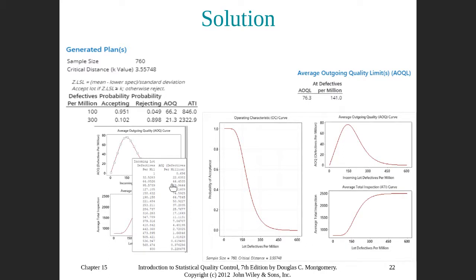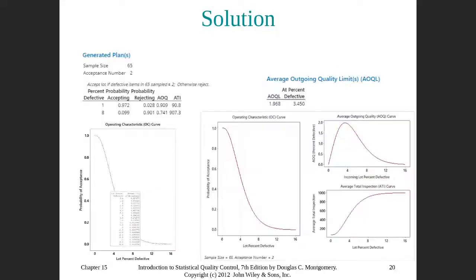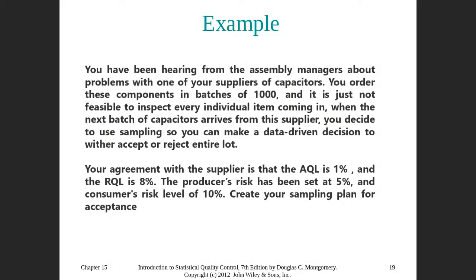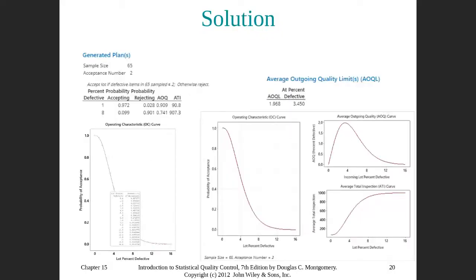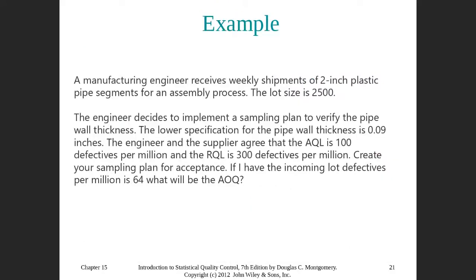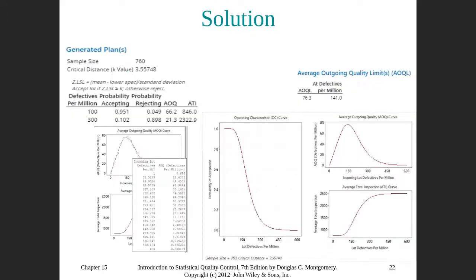If you recall the previous example, the value of the AQL was given as a percent. So even the value of the average outgoing quality in the first example will be a percent, but in the second example, it will be a number of defectives, because he didn't give us the input as a percentage.